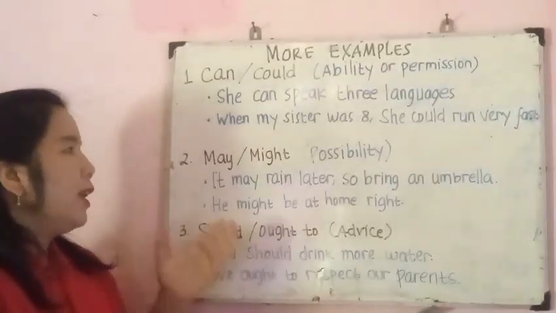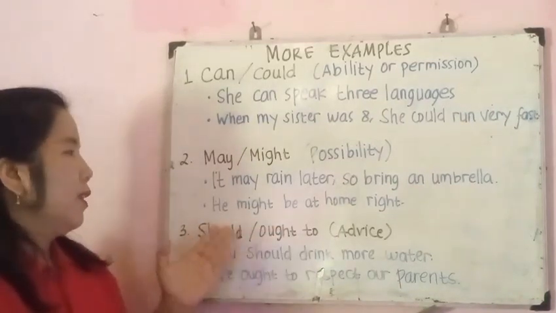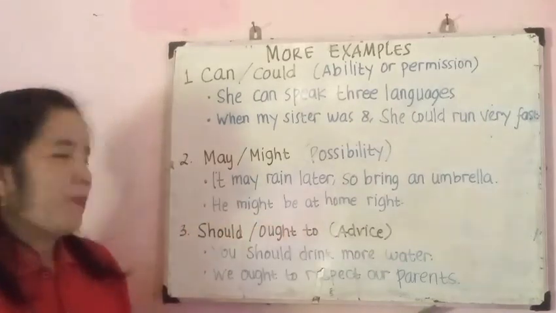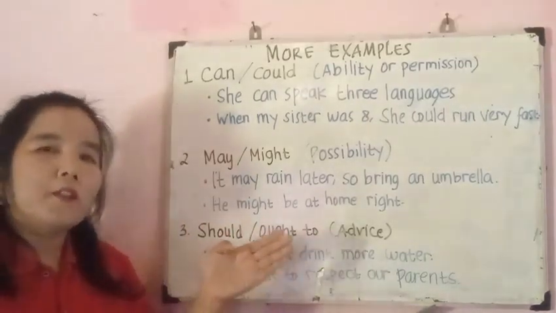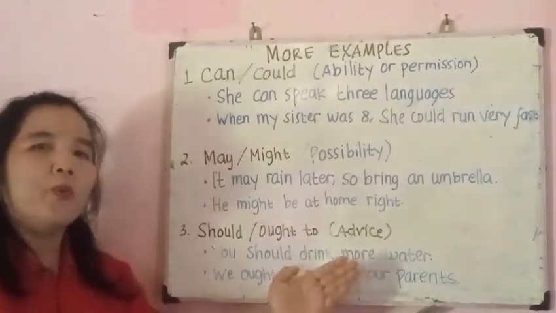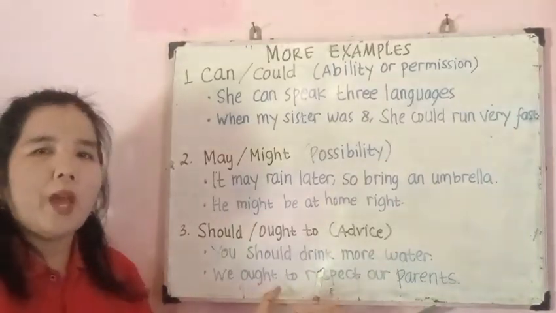For example, it may rain later, so bring an umbrella. Next, he might be at home right now. And we use should or ought to give advice. For example, you should drink more water. And we ought to respect our parents.